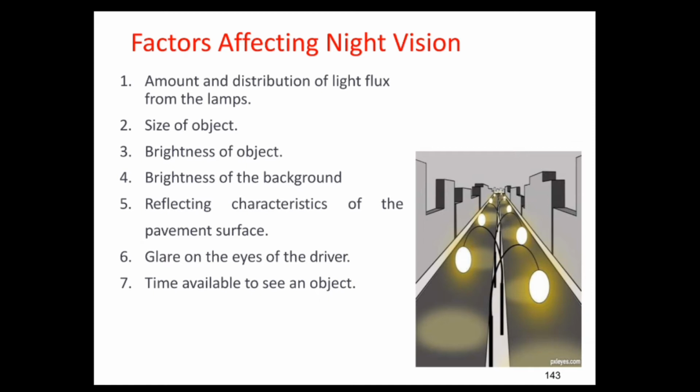Next is the brightness of the background. The brightness of the background directly helps in distinguishing the object lying on the road or adjoining the road, as it reflects the light and makes the object more clearly visible. Then the reflecting characteristics of the pavement.